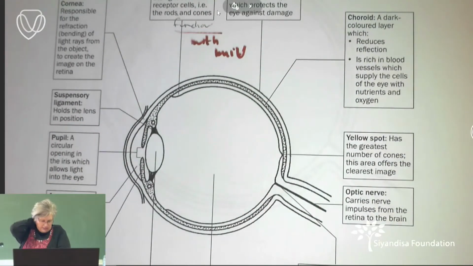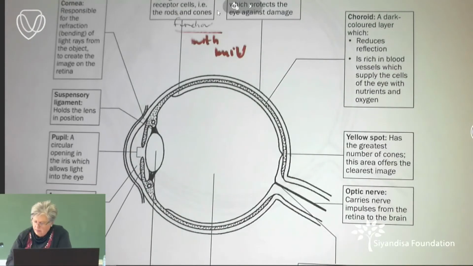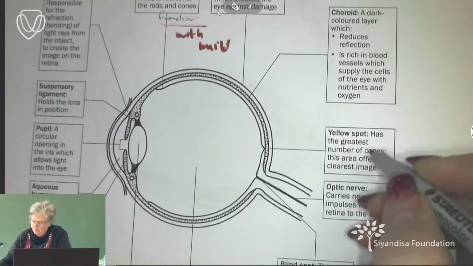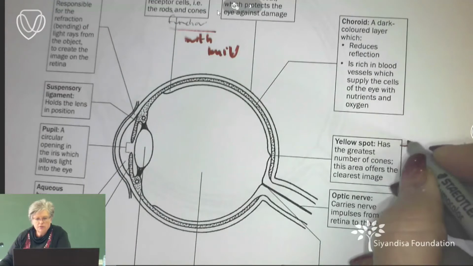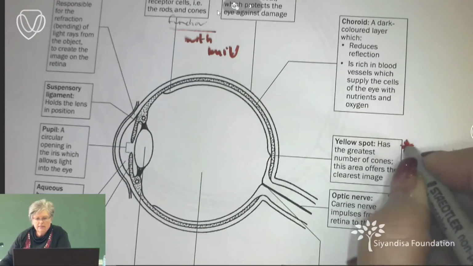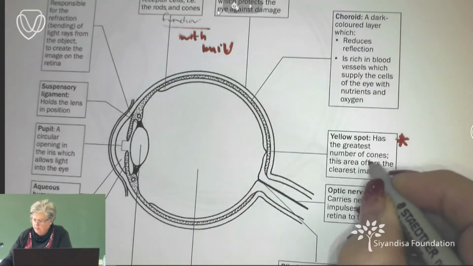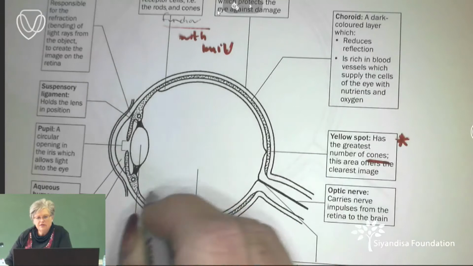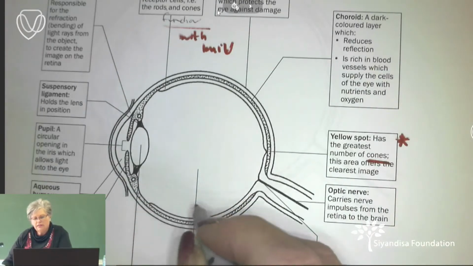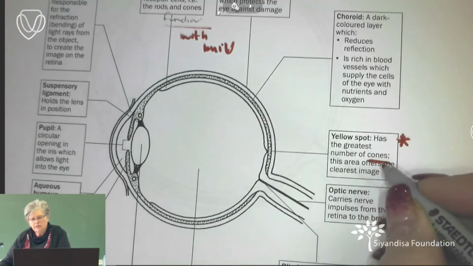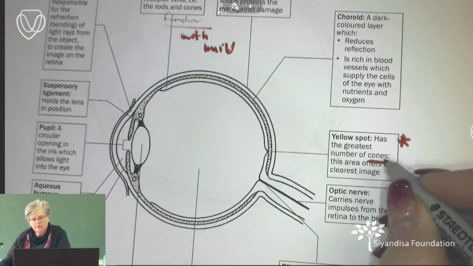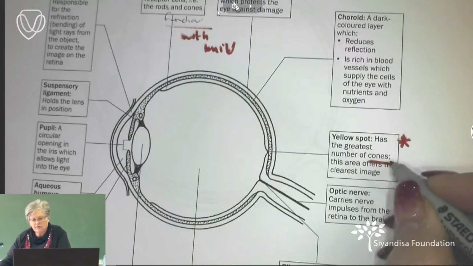Then a question that is often asked is if the yellow spot is damaged, or a child is born without cones, what is the effect of that? The effect is that he won't be able to see color, and he won't be able to have good night vision.